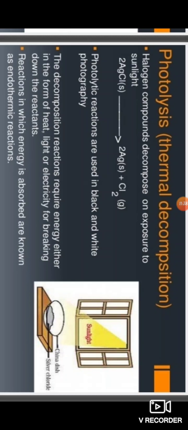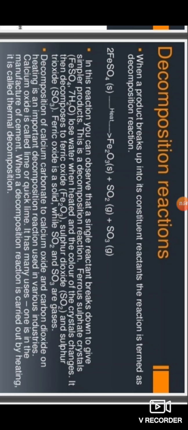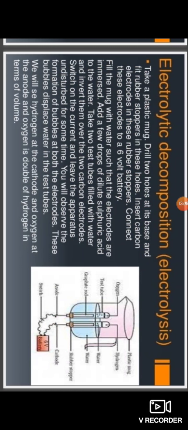For example, when ferrous sulfate is heated, it decomposes and changes into ferric oxide, sulfur dioxide and sulfur trioxide. This is an example of a thermal decomposition reaction.